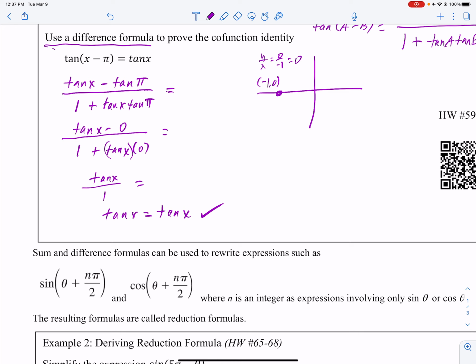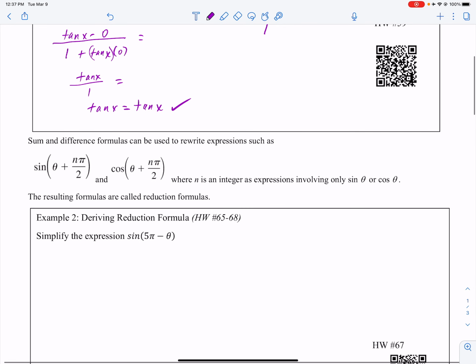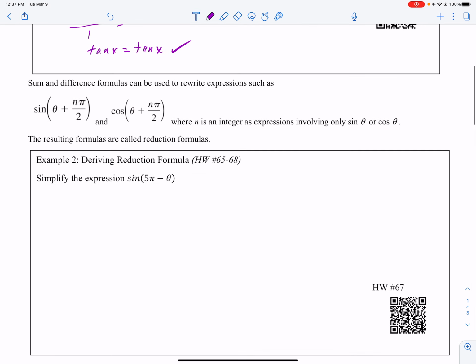Now, we can also use these sum and difference formulas to rewrite these other expressions where n is an integer, involving only sine or only cosine. So deriving this reduction formula, we are going to take this sine of 5 pi minus theta, and now we are going to be using these sum and difference formulas, but for sine.